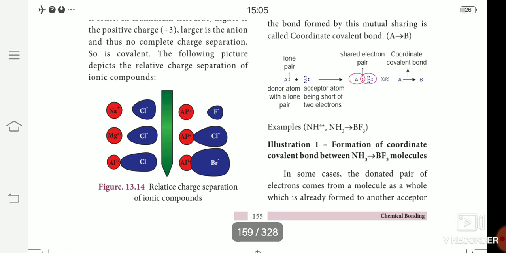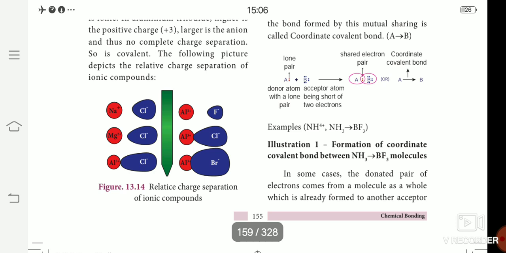So with the large anion, there is no complete charge separation. The iodide is like chlorine. So aluminium chloride and aluminium bromide are not separated.